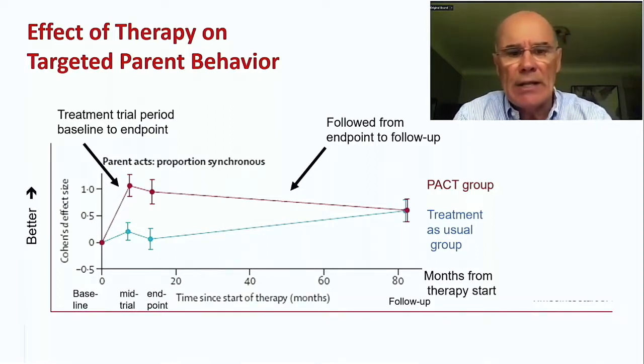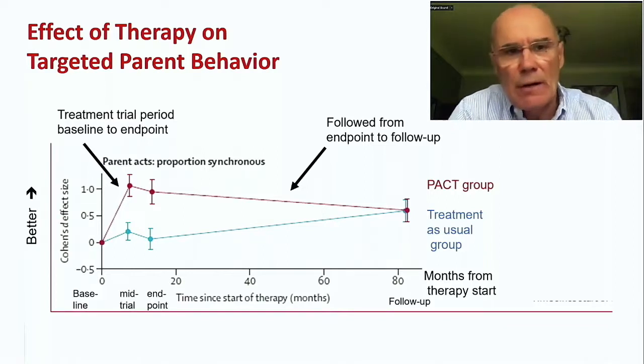And the two lines you'll see, the red and the blue: the red represents the group that had the PACT treatment, and the blue, the group who had treatment as usual. We use this randomized trial design, which allows us to compare these two groups very accurately.